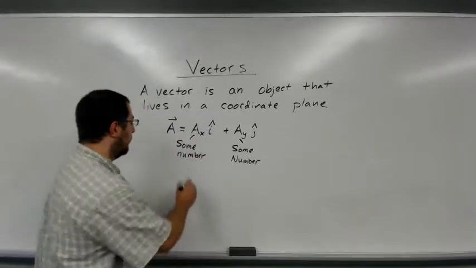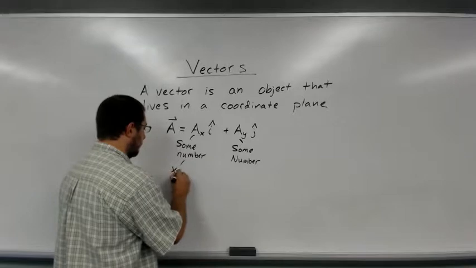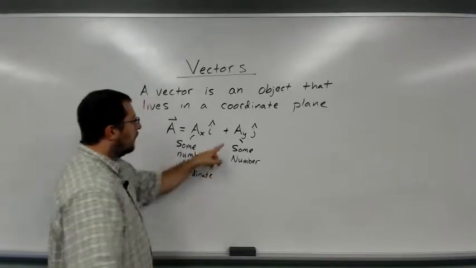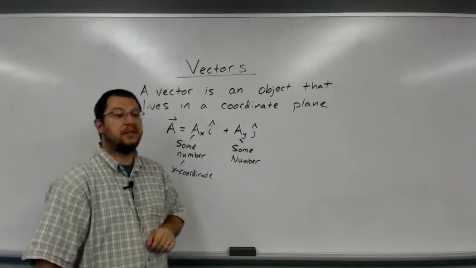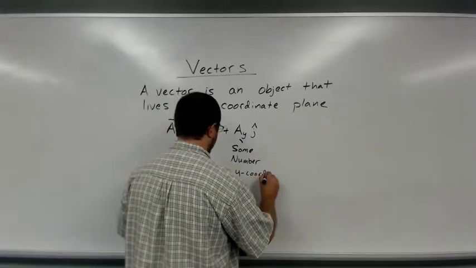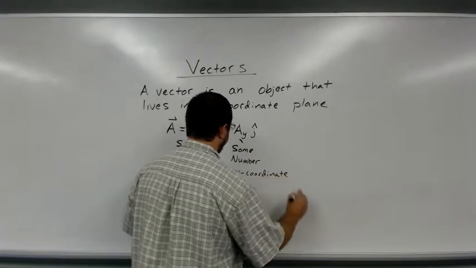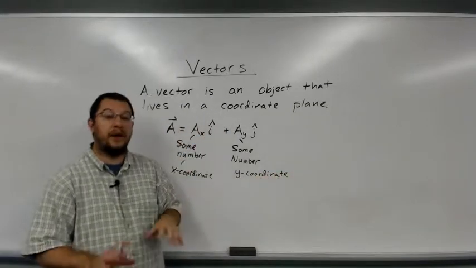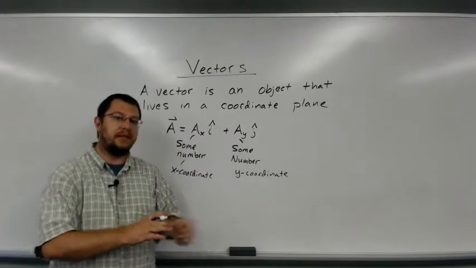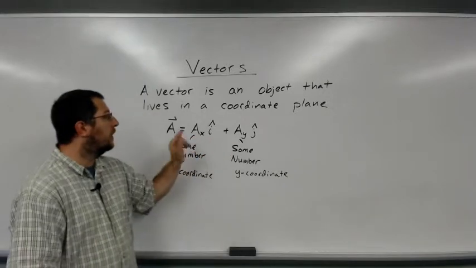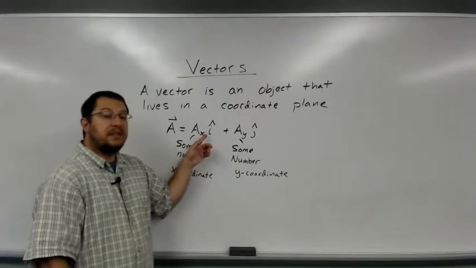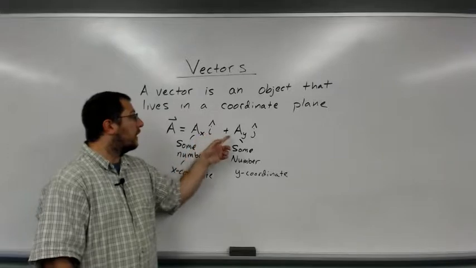So this one is the x coordinate. And this number represents the y coordinate. Okay. Now, how do I know that? Well, I've written a sub x and a sub y to denote that this is the x component, this is the y component.